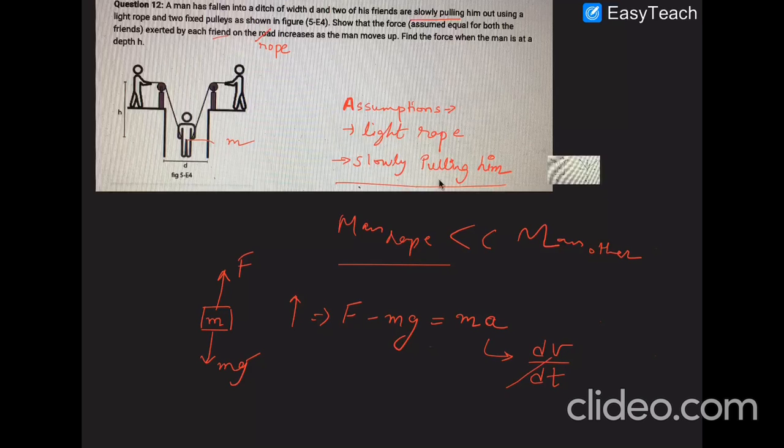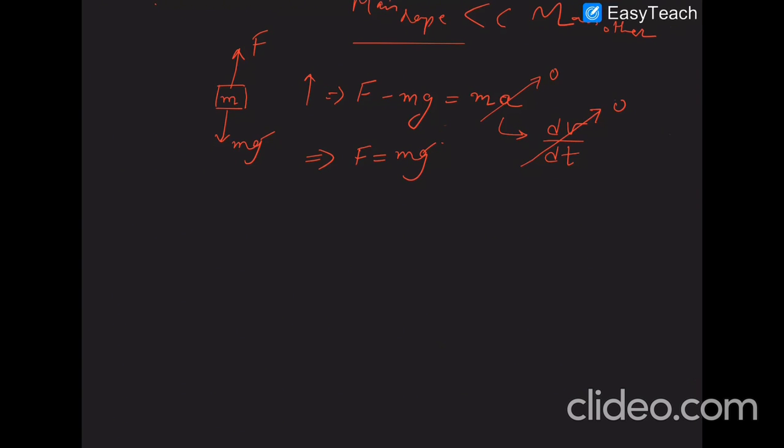Now if dv/dt becomes 0, that means the acceleration of the system will be 0. So then we can write F equal to mg. Now we will understand under what condition dv/dt can be 0. First case may be when velocity is constant. Over time the velocity is not changing.